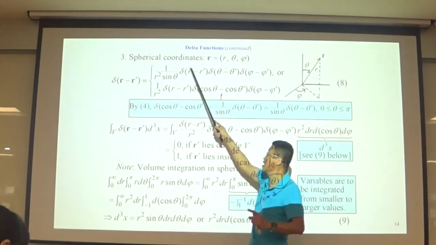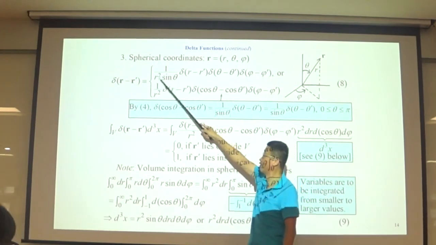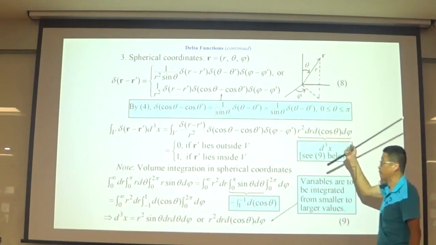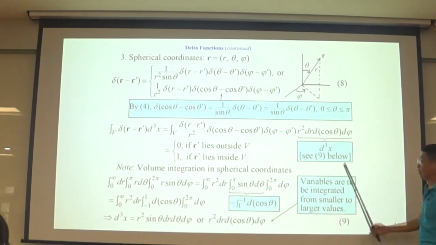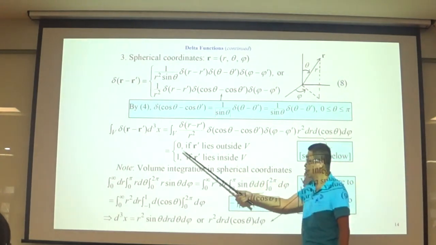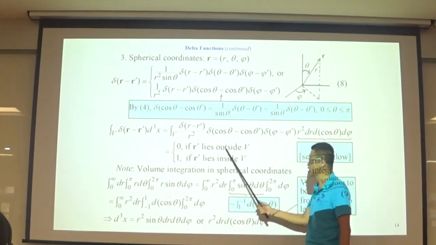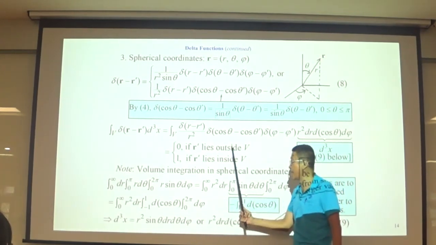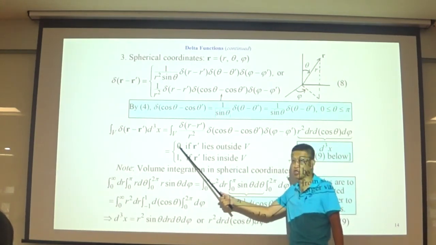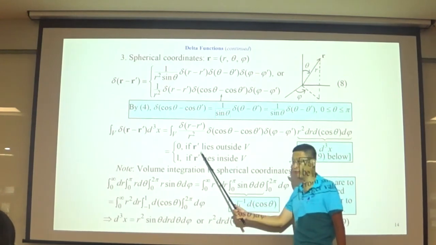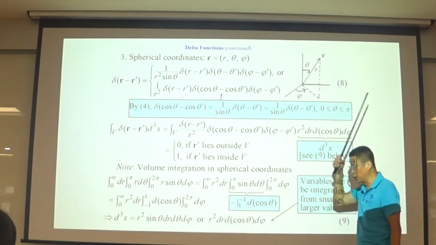Sine theta will cancel with this one. Feels good. Okay? After the integration, we got the same. If r prime is outside the source, outside the volume V, it will be 0. Inside is 1. Okay? So you can write into this form.